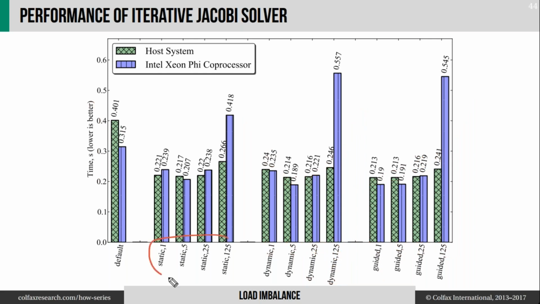The static mode didn't work very well in this case, but we will see in session number 9 tomorrow, when we talk about NUMA architecture, that static is sometimes the most NUMA-friendly way to schedule loops, so it definitely has its place in OpenMP and in performance optimization.